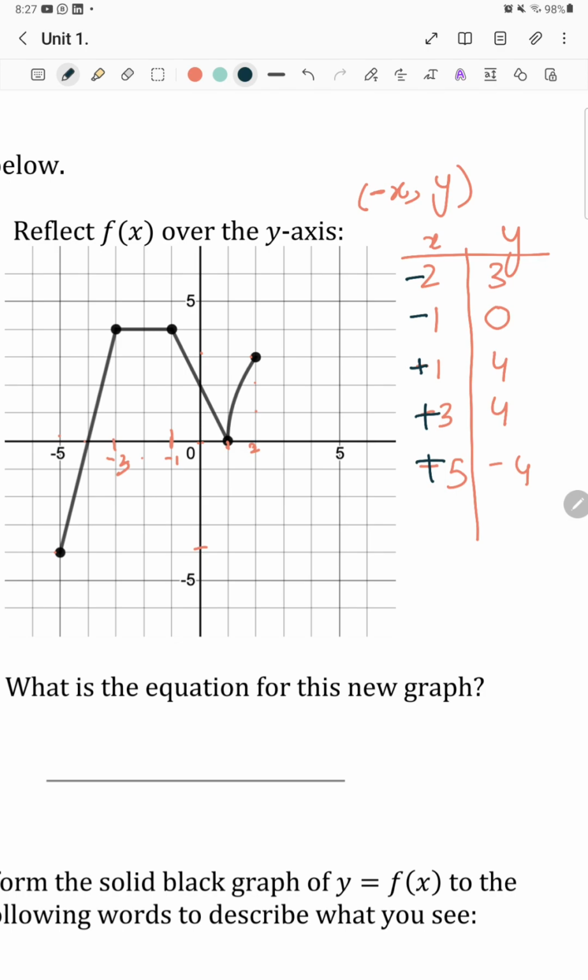Okay, so let's plot it. x is -2 and y is +3. x is -1 and y is 0.